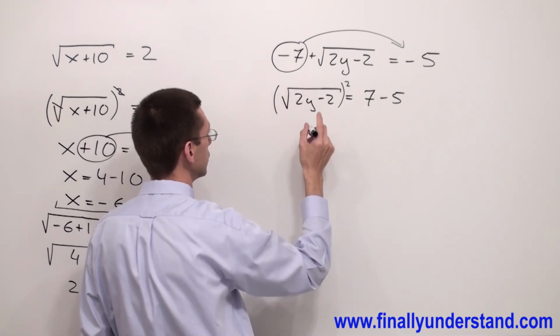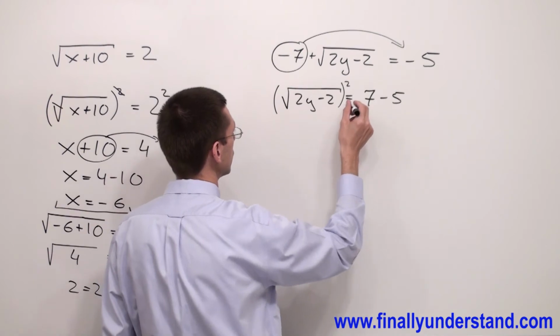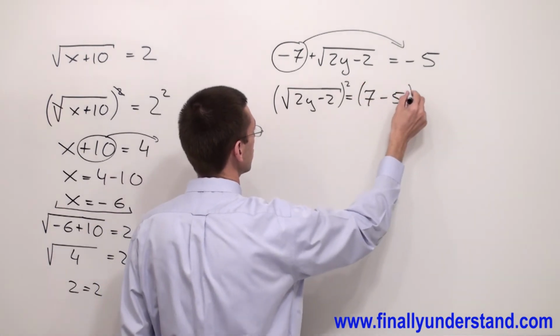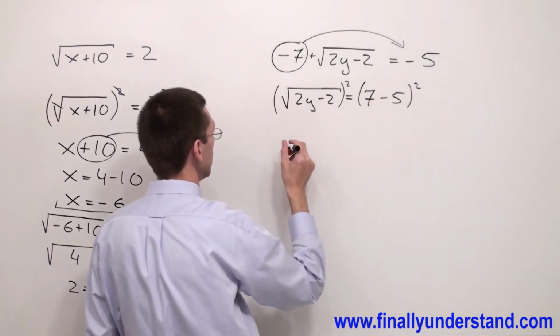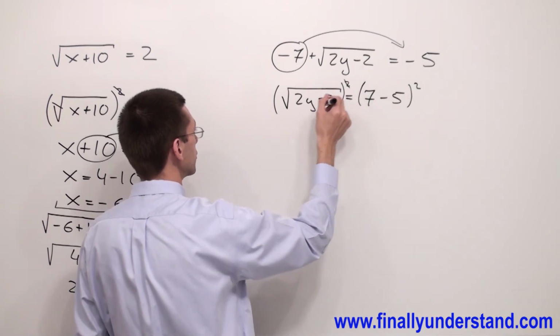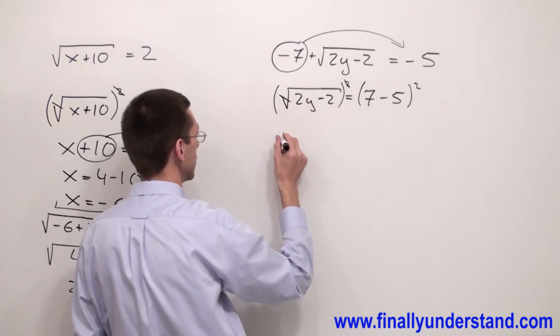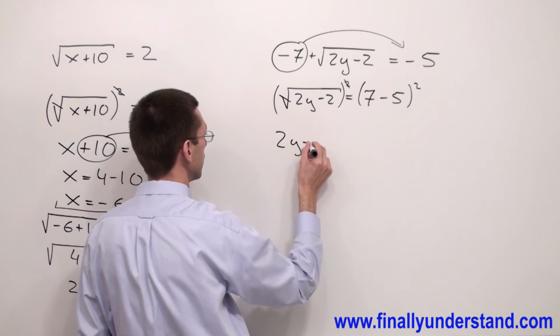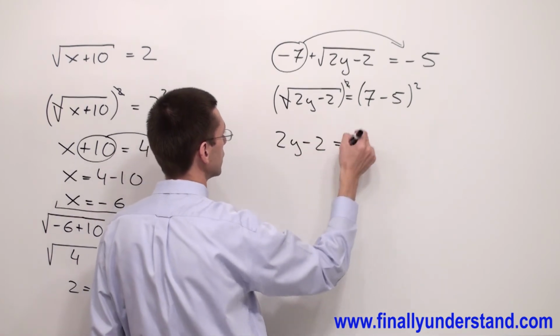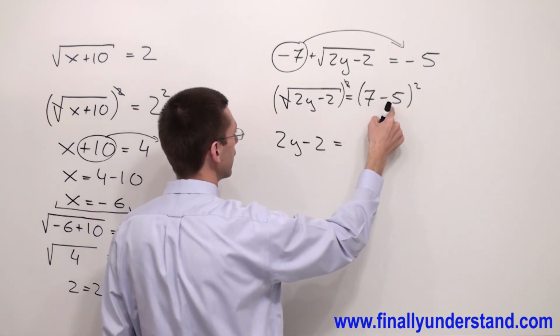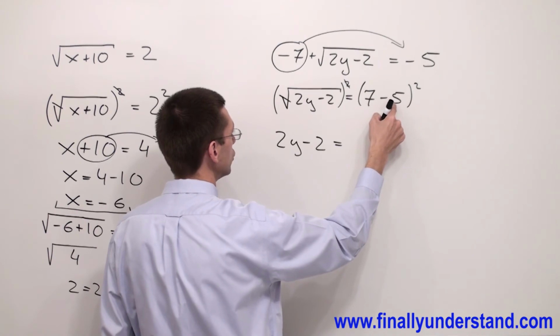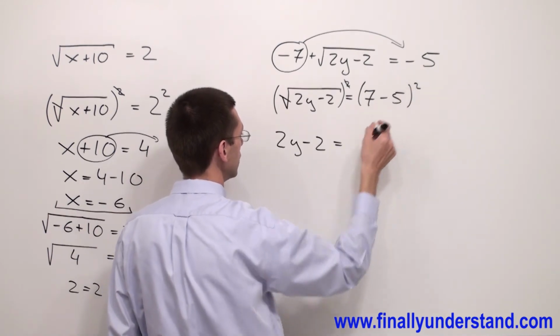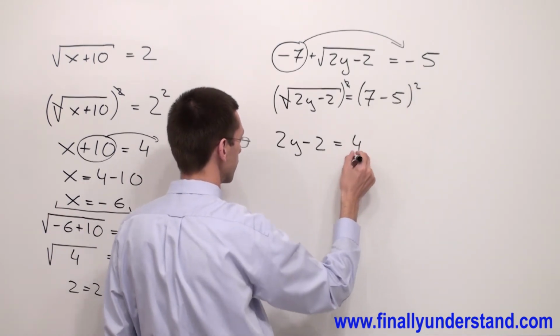Whatever I did on the left side, I have to do also on the right side. So this exponent is going to eliminate my radical. That's why I have 2y minus 2 equals 7 minus 5, which is 2. 2 raised to the second power is equal to 4.